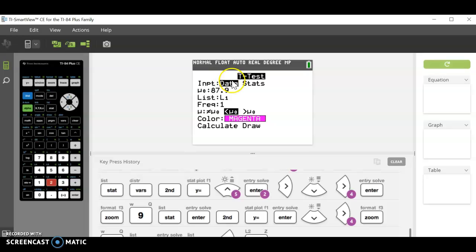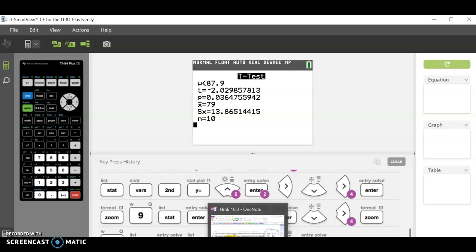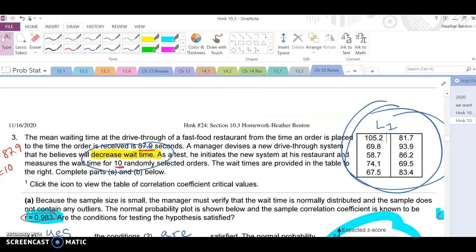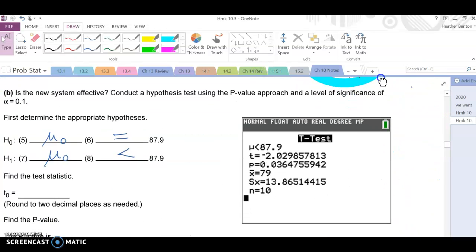So now I've chosen data instead of stats because they gave me that table of data, and I've entered my mu naught to be 87.9 because that was the mean wait time before we did this little test. And I've got my left tail test, it's less than mu naught. Then we go down here and hit calculate, and there's my number. I've already copied and pasted a picture of my screen here on the problem.